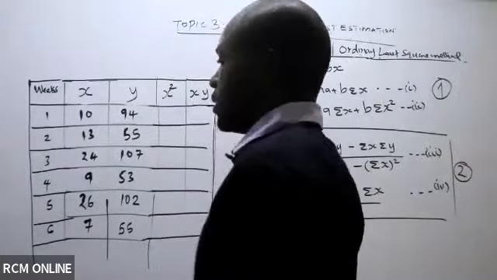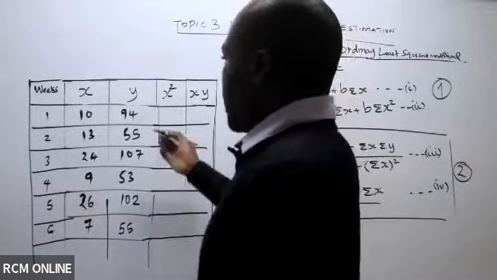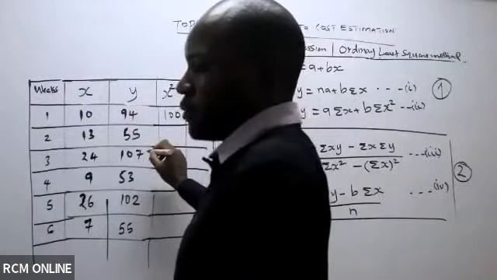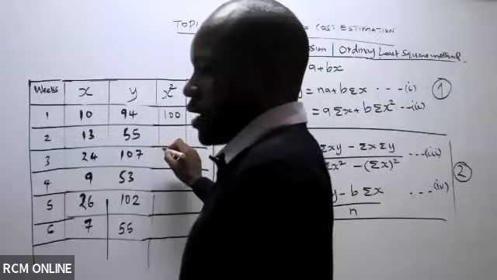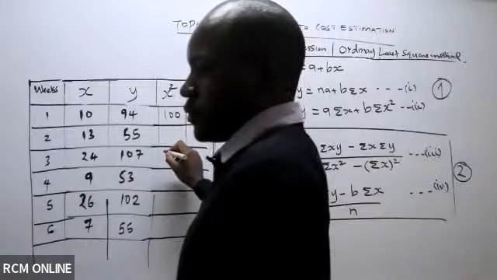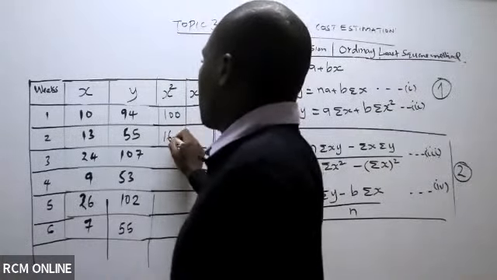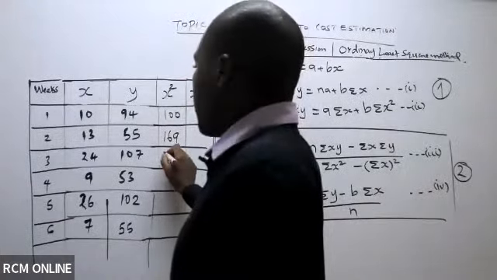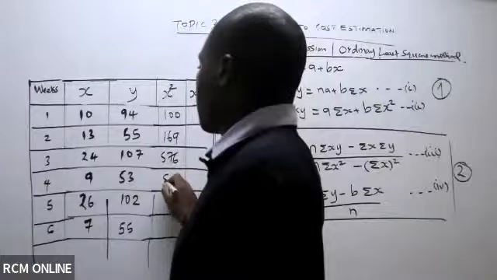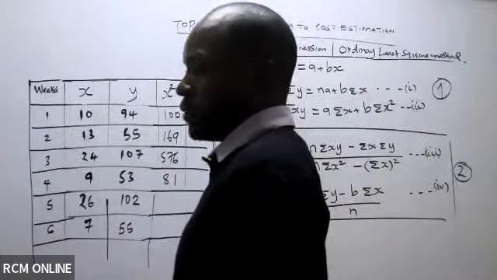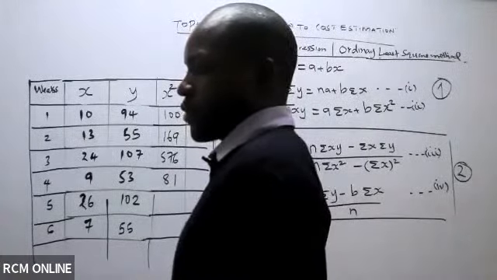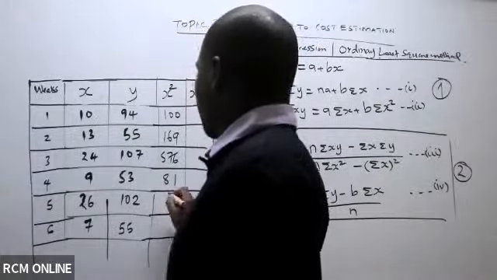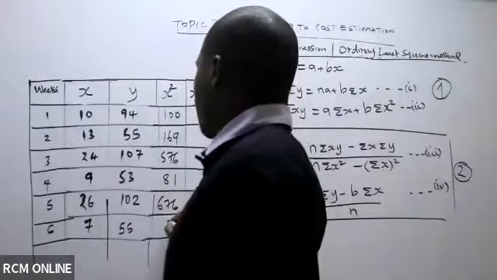So x squared, 10 squared will be 100. 13 squared, how much is 13 squared? 169. 24 squared, 576. 9 squared, 26 squared, 7 squared.